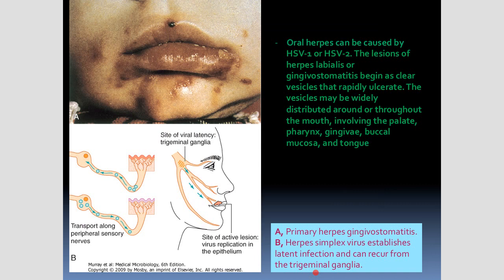From here you can see this lesion. This virus is going to go through the trigeminal nerve and sit in the trigeminal ganglion. The trigeminal ganglion is a sensory pathway. I'm going to teach you the autonomic nervous system. It's going to redistribute itself to the eyes and other parts of the body.